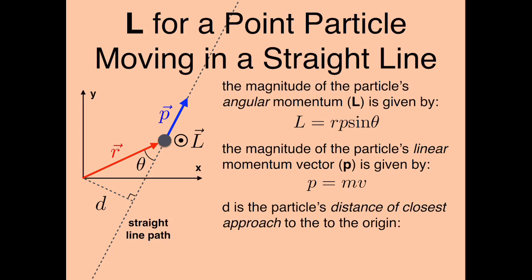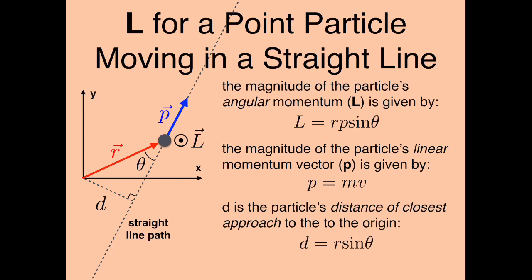Well, to figure out what that distance d is, we can notice that we have a nice right triangle here with an angle theta and then a right angle here. The opposite side to our angle theta is d, and the hypotenuse is r right here. So what we can say is d is equal to r times sine theta, just using, again, the definition of sine for a right triangle.